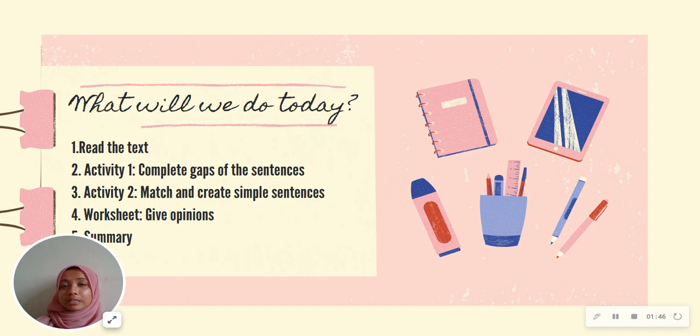We will read the text on page 112, and then go on with the first activity, which is to complete the gaps in the sentences, correlating with the text we will be reading. The second activity is to match and create simple sentences. The words I will give in the activity, so you have to wait until we reach it so that we can do it together.